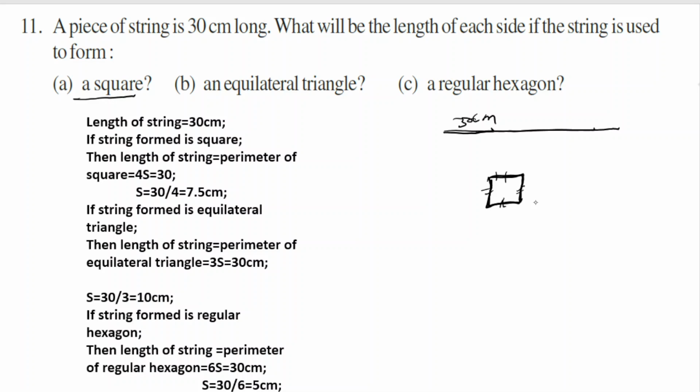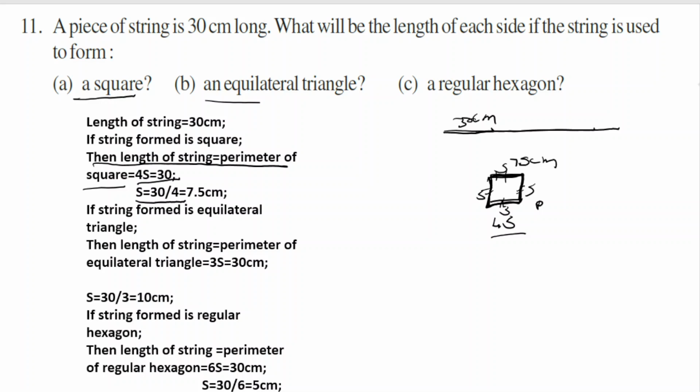The perimeter is nothing but 4s, s plus s plus s plus s. 4s is given as 30 centimeters. So s is nothing but 30 by 4. That is nothing but 7.5 centimeters.